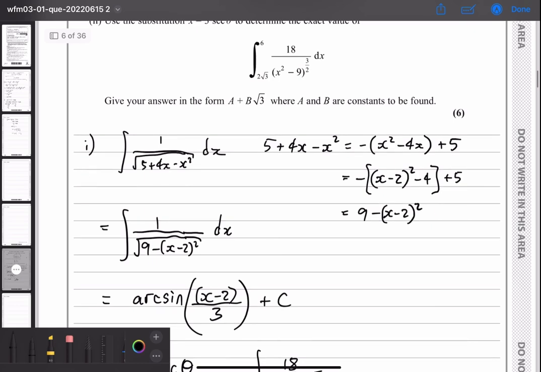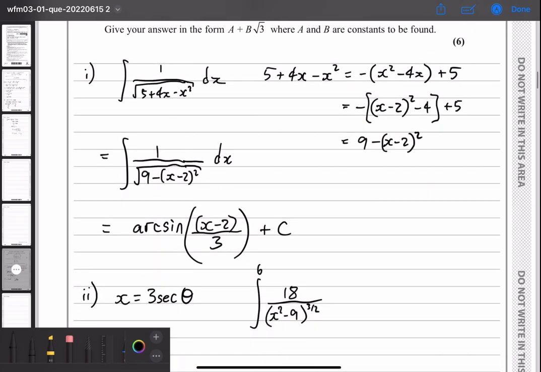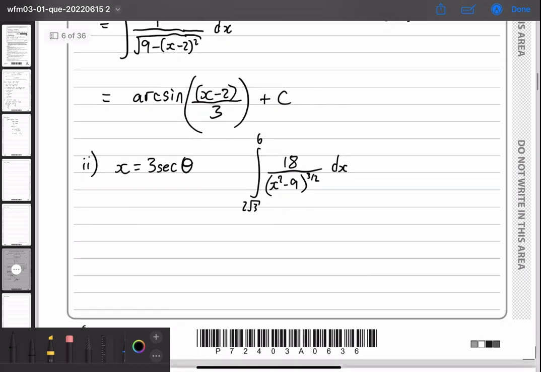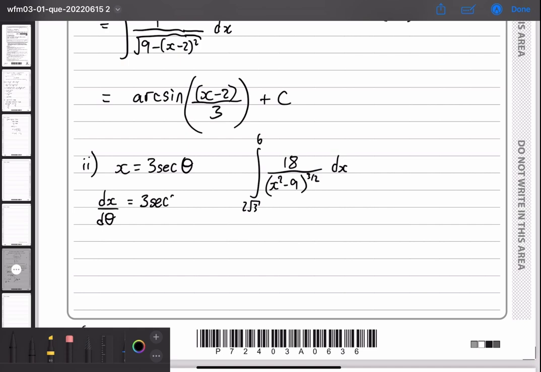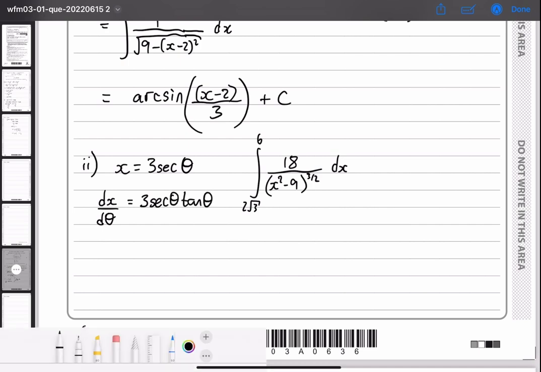And we've got limits 6 to root 3. Okay, straight away I know I'm going to need to differentiate to substitute out dx, so dx by d theta, and differentiating sec is sec theta tan theta. If you forget that, it is in the formula booklet under the P2 section.